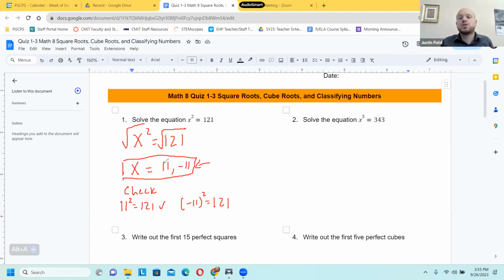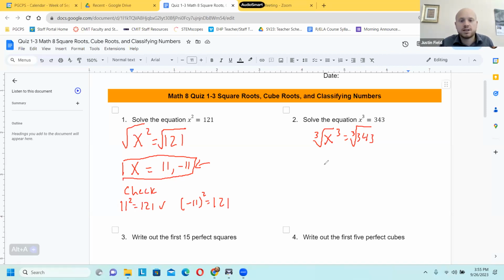So we square root both sides, and we need to know our square roots. The square root of 121 is 11. Now, for this next one, x cubed equals 343. To solve this, we cube root both sides, which is the check-mark sign with a little 3 there, cube root.